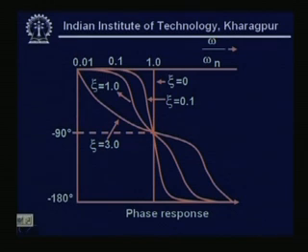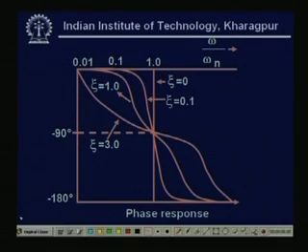Hopefully it is completed. Now, you see here that if xi equal to 0, that means the damping coefficient is 0. We have already discussed how my magnitude response will look when the damping coefficient is 0. My response will go like this, then go like this, a totally discontinuous curve.